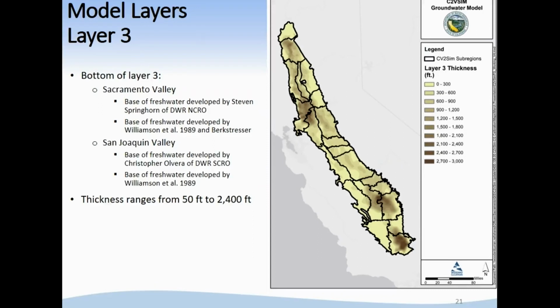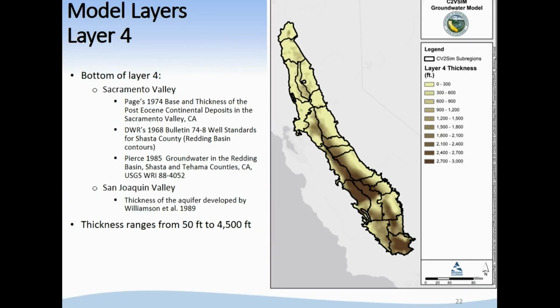For the San Joaquin Valley, the DWR South Central Regional Office developed a base of freshwater map, so we use that and fill in the gaps from Williamson 1989. The thickness of layer 3 ranges from 50 feet to 2,400 feet, and the thicker layers are generally around this area and as you go south in the Tulare Basin.